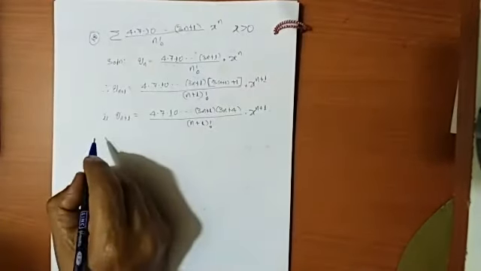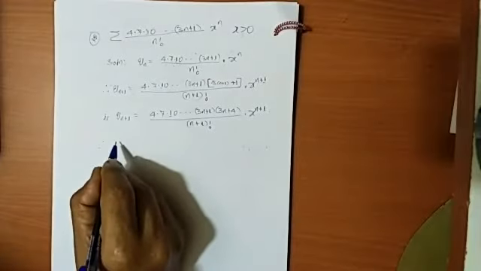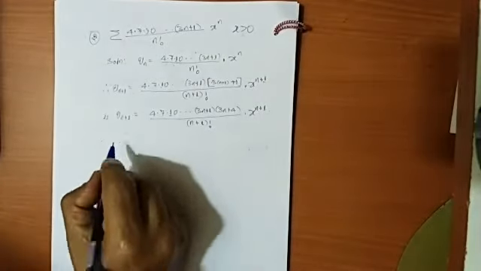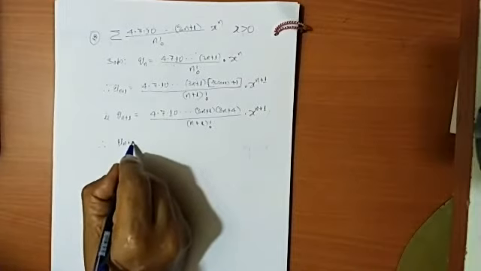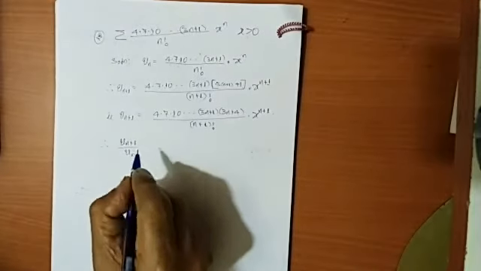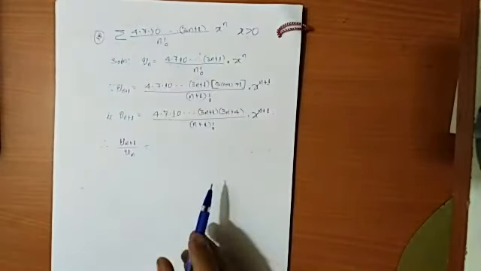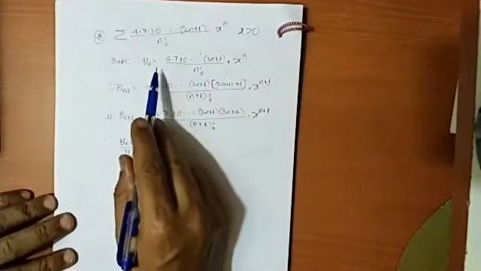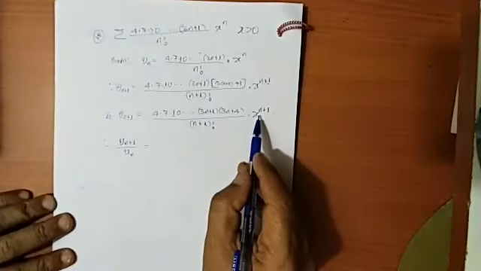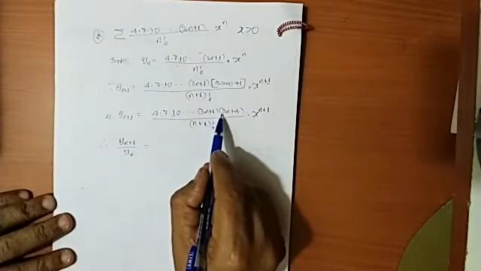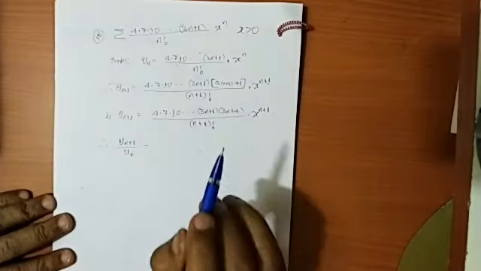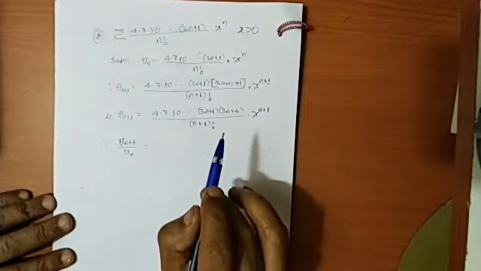So now, what is the next step? I got u_{n+1}, so u_{n+1} over u_n will be equal to what? All the terms cancel, except the last term, 3n plus 4 over n plus 1, that remains.